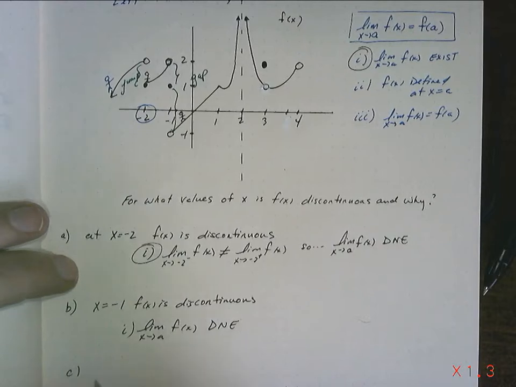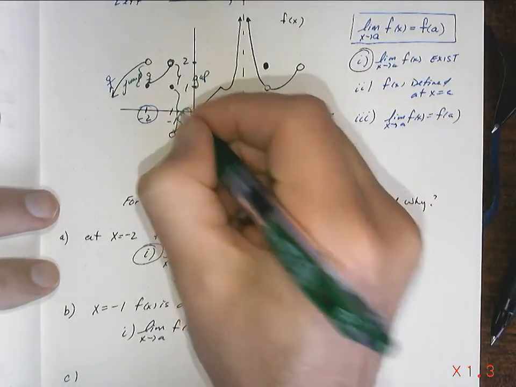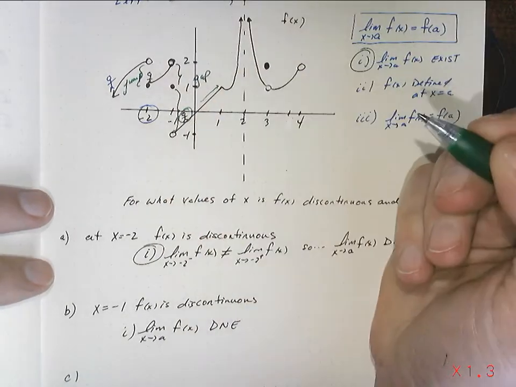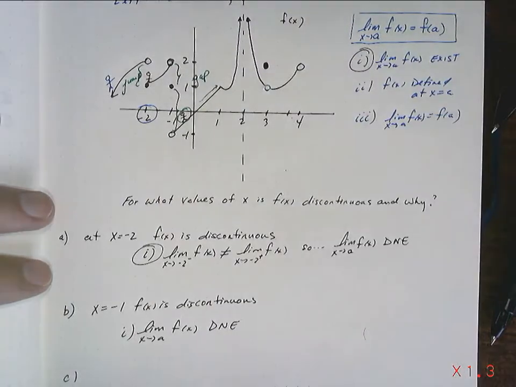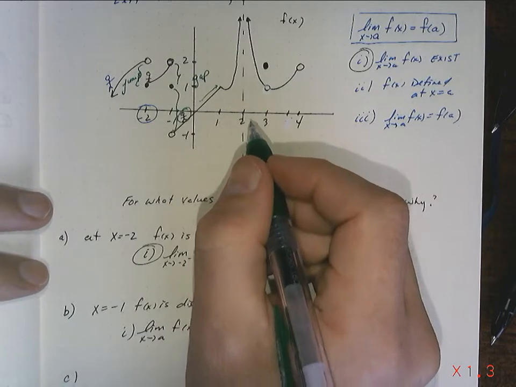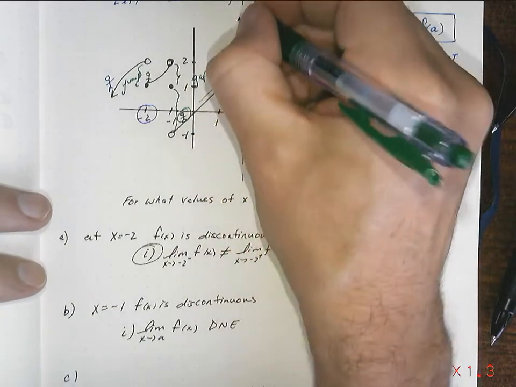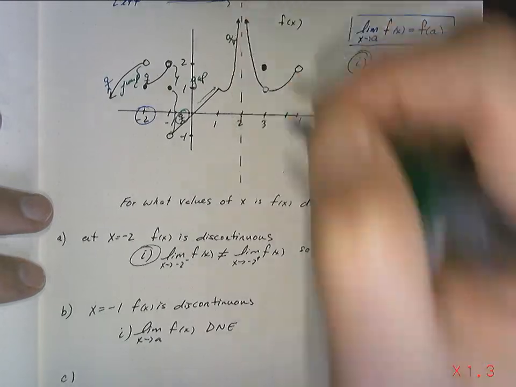Okay, so C. Where else are we going to go? So Silver Surfer is now here, and he's going this way. And that little bump, he doesn't care. He's going to go up over that bump. That'll matter later, when we talk about other things, but not for continuity. That's just a little bump. So then he comes up, and notice that he keeps going and going, and he never comes back.